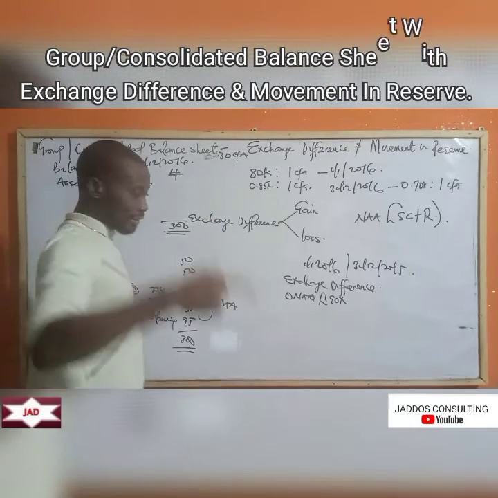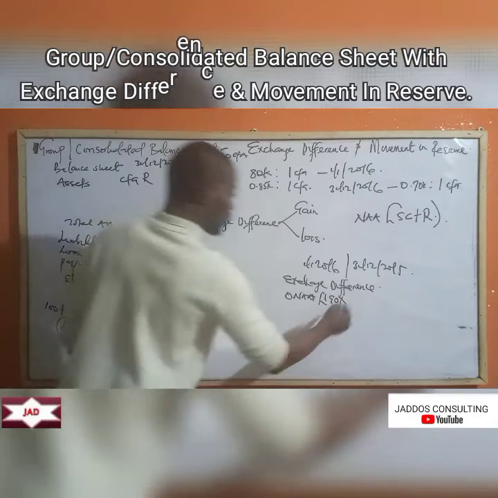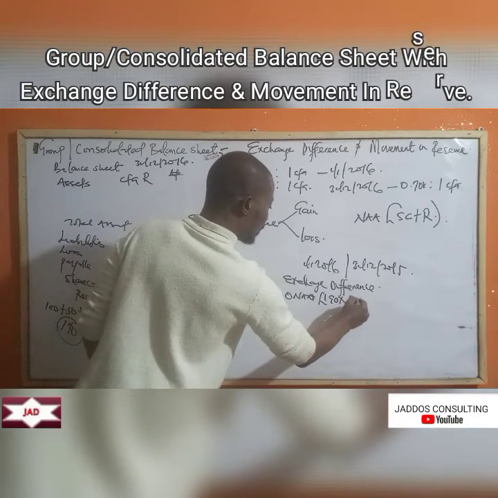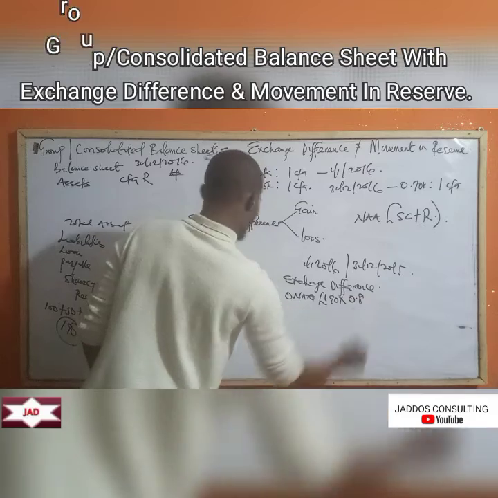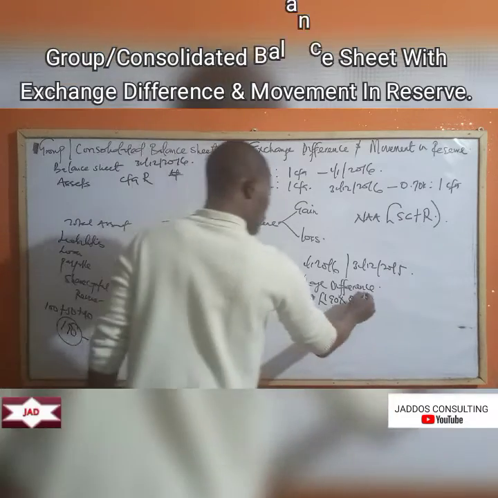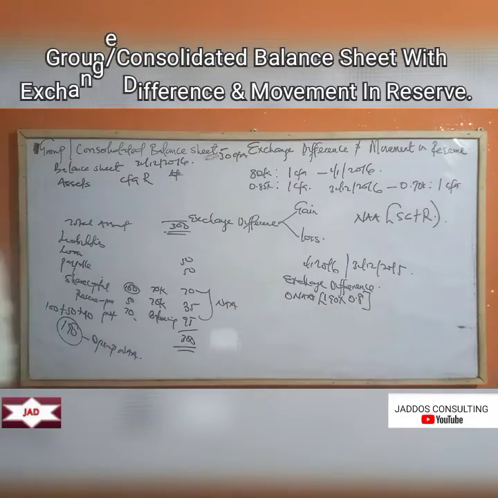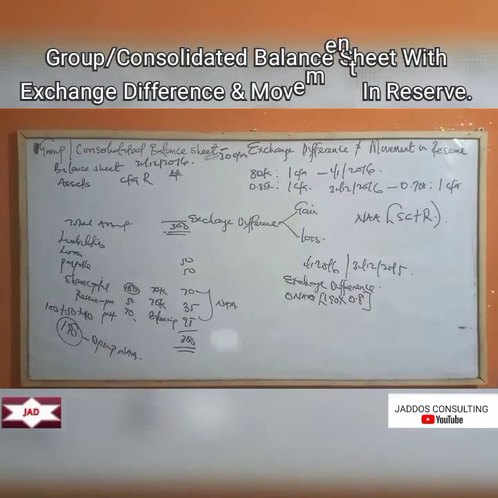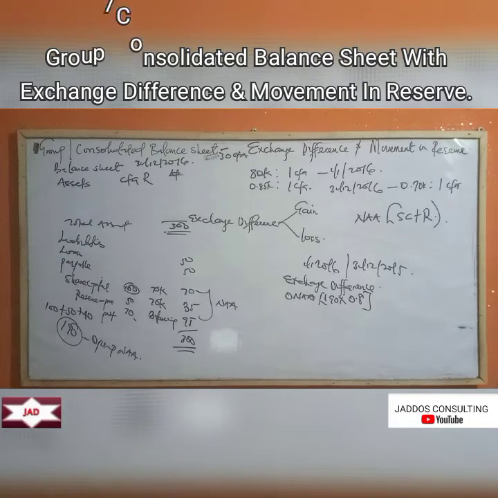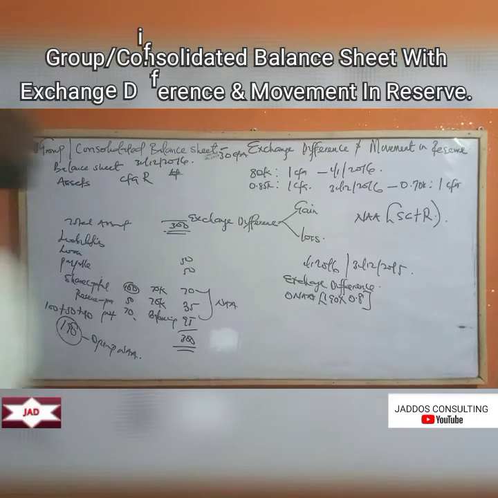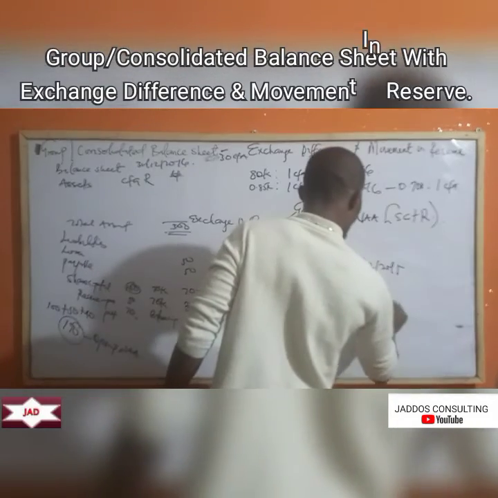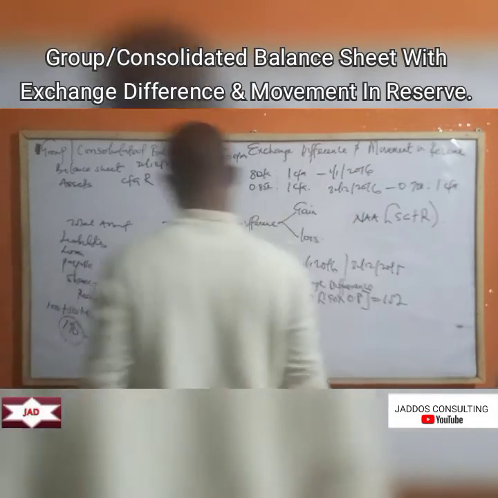So let's assume the beginning rate is 0.8. So what would this give us? 190 times 0.8. So that would be 152. This is for the beginning.